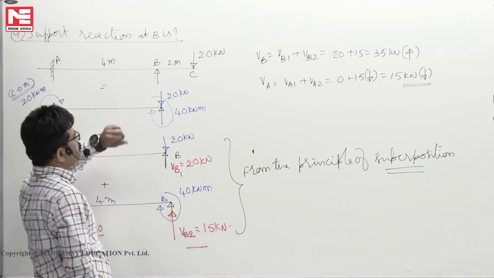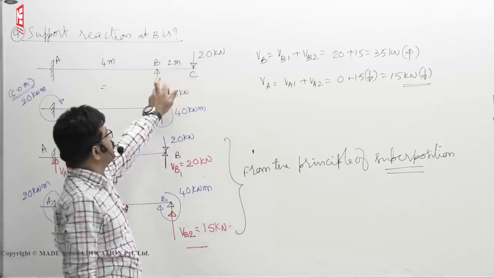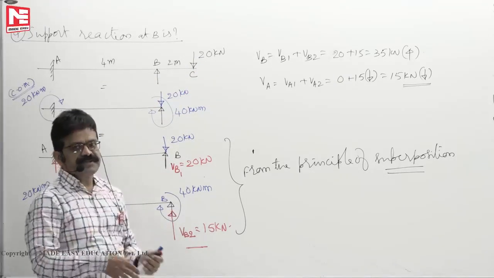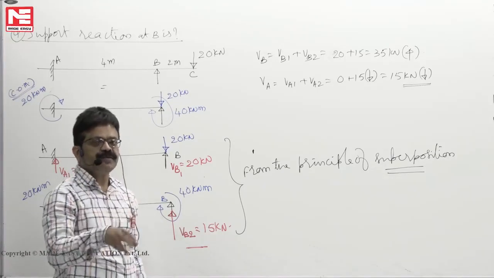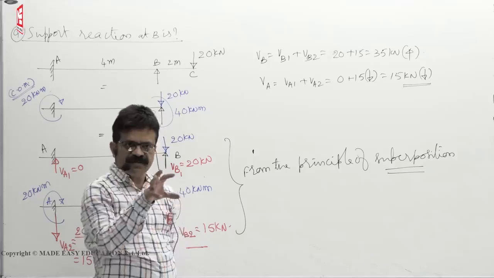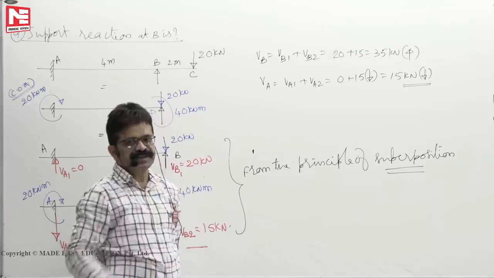Now you see, your applied load is only 20, but reaction developed is 35 at B. That means reaction can be more than the applied load depending on the structure, depending on where you have applied the load.